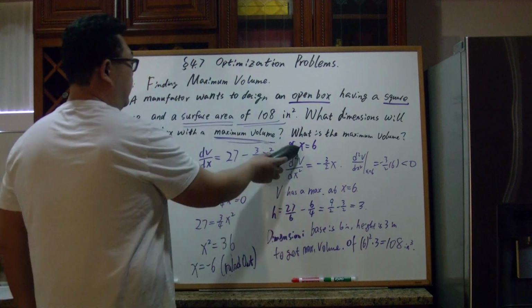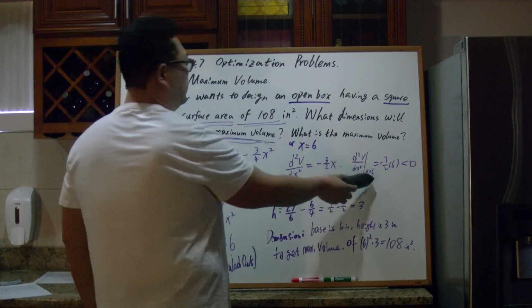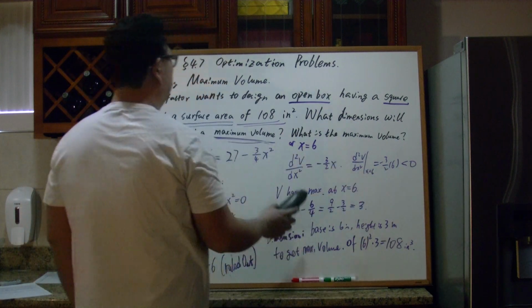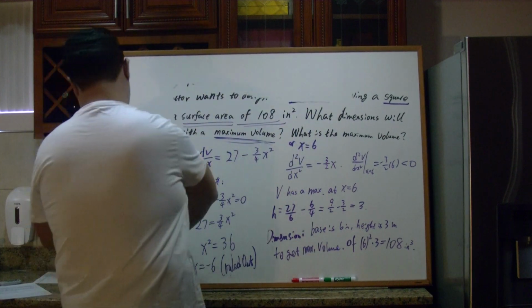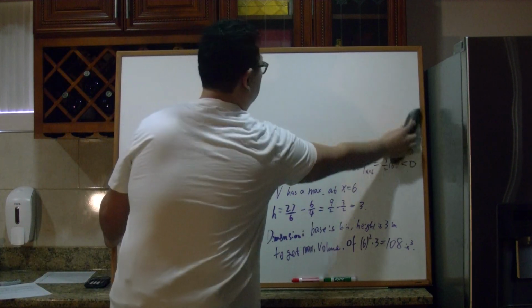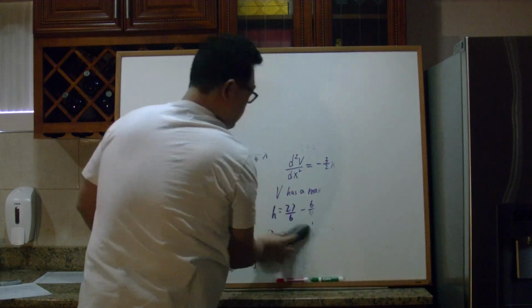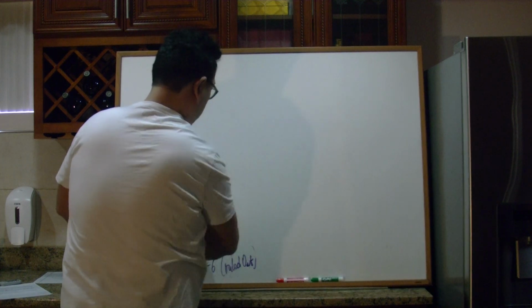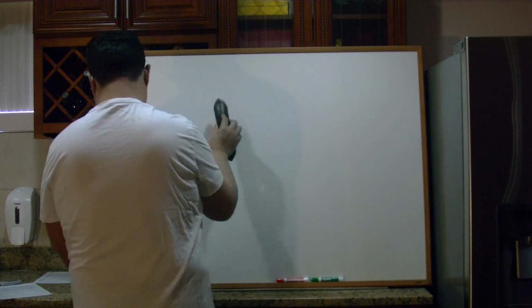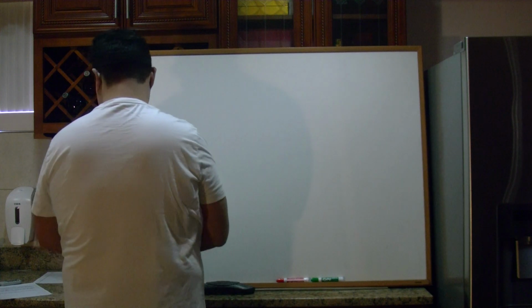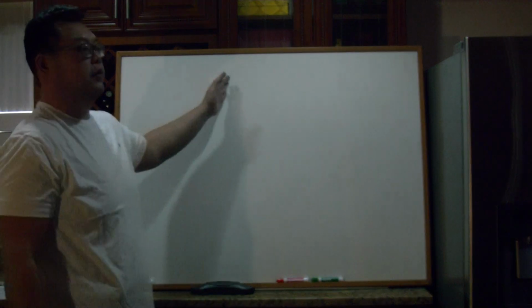Right, so not only finding the critical number, but we need to check that the critical number is actually the extrema we're looking for. And of course, usually when we find the absolute extrema, we need to check the endpoints.